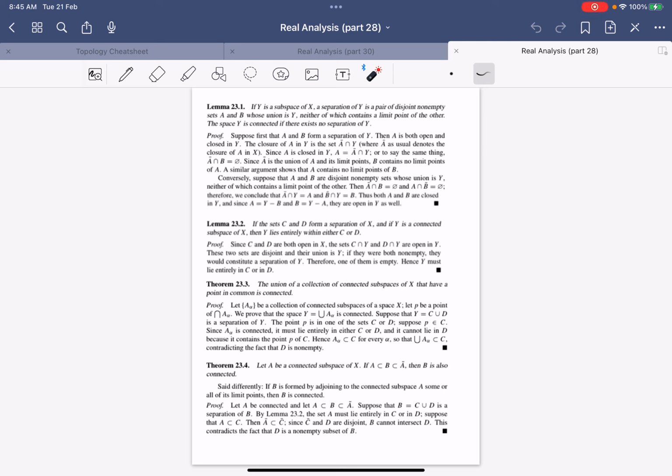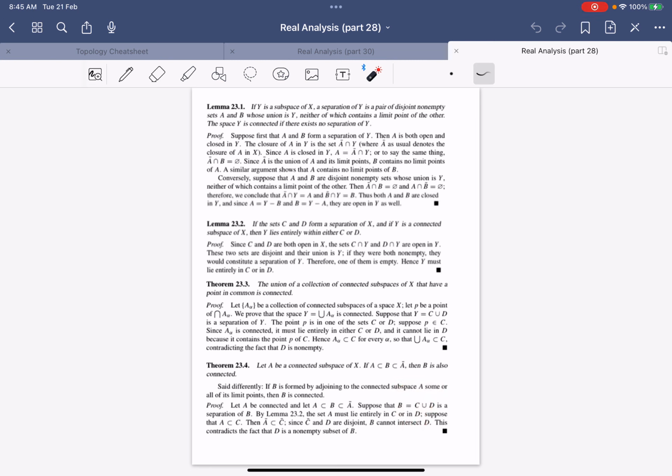Another thing to say is that any set that contains A and is contained in the closure of A, meaning in between A and its closure, will be connected. And that's also saying that the closure is connected.